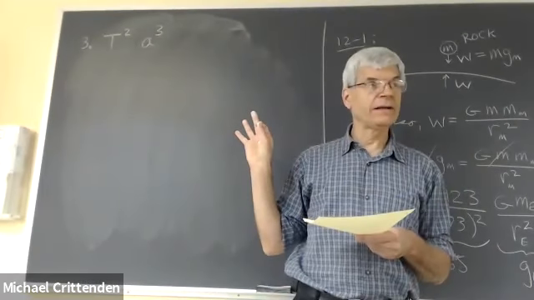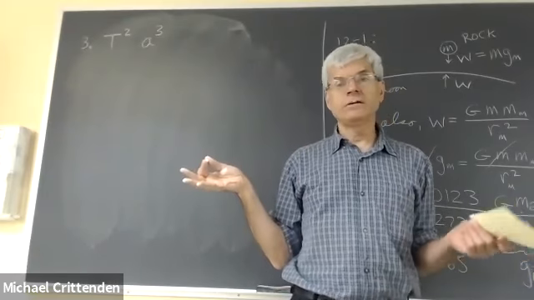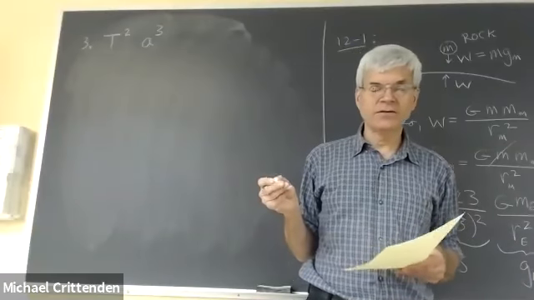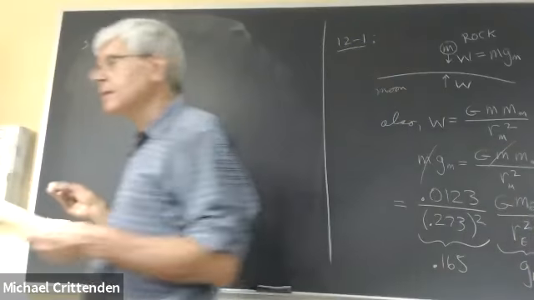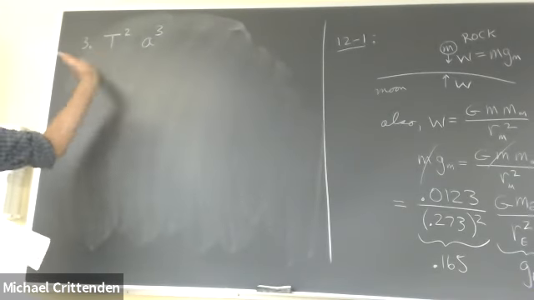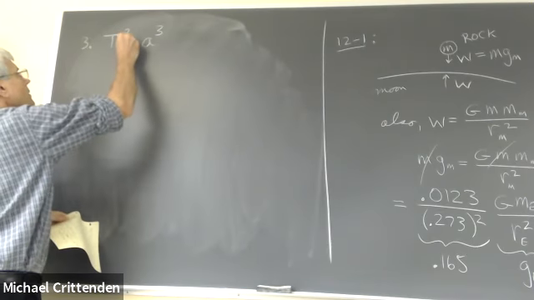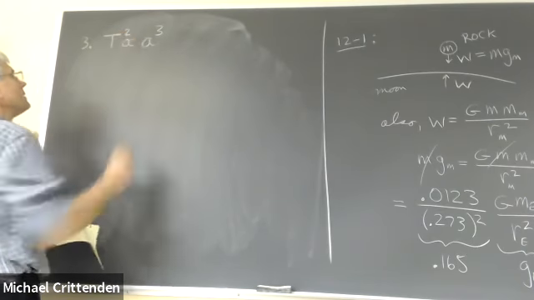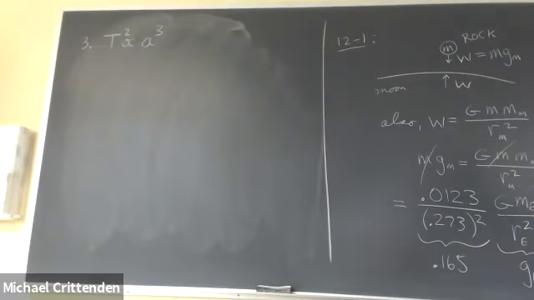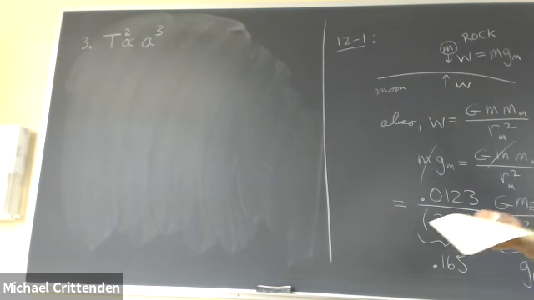But if you're going to work with, for example, SI units, there would be a proportionality constant involved that's not 1. Astronomers have a system of units rigged up where the proportionality constant would just equal 1. But in this course, we pretty much stick to SI units, so I'm going to say T squared is proportional to A cubed rather than saying equals.